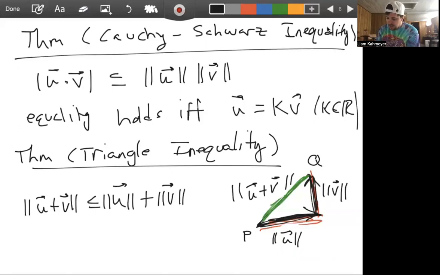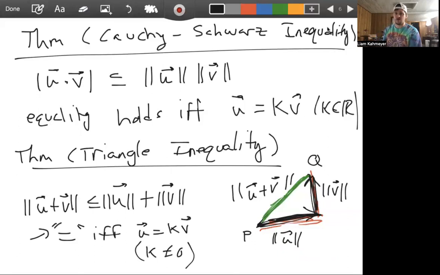And again, equality holds if and only if u and v are scalar multiples of each other for some strictly positive scalar. Sorry, I'll get there.